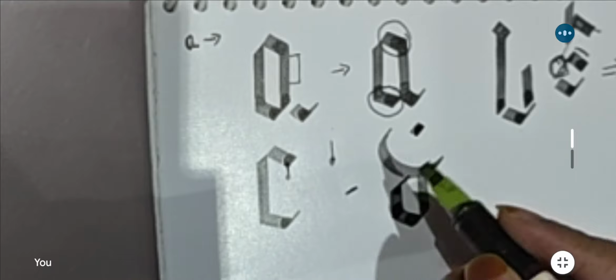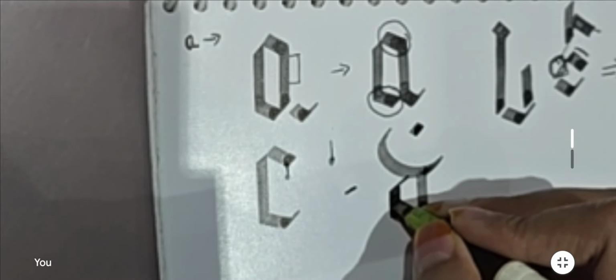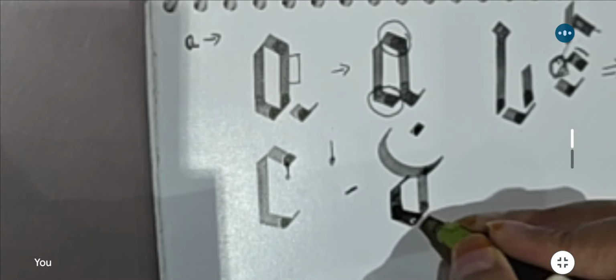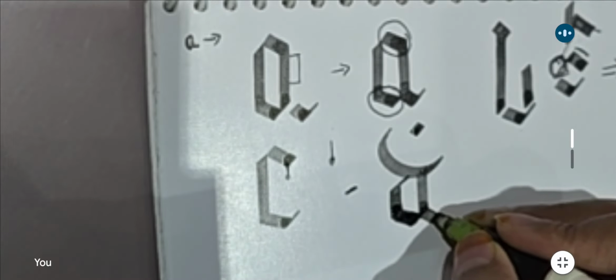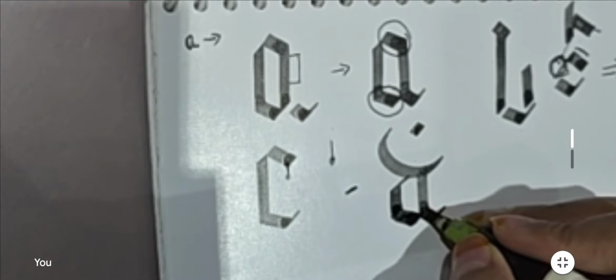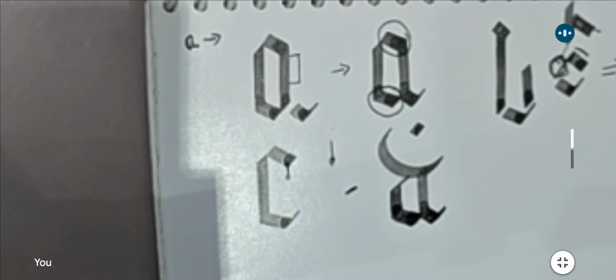In Urdu, in Arabic we call it kat. So we will add that small line. Also with D, you will add the exit stroke. Okay, this is your D.